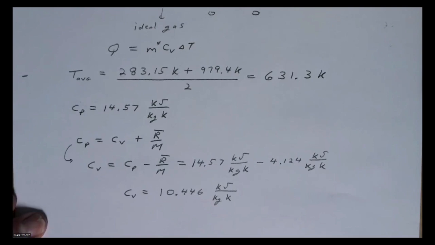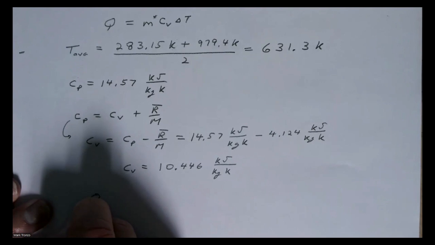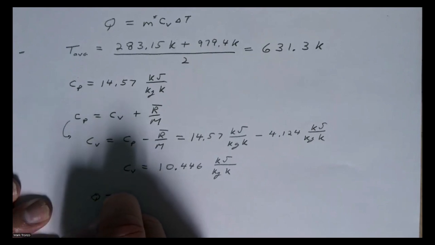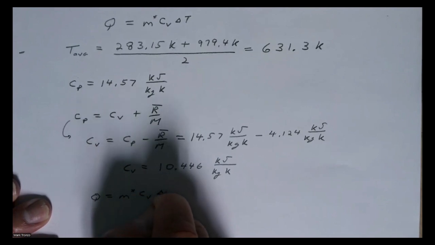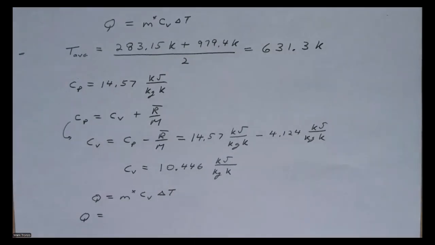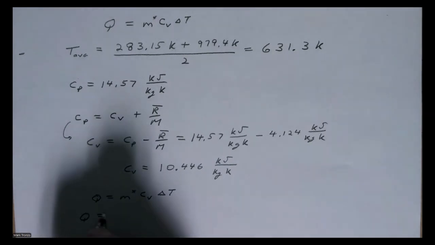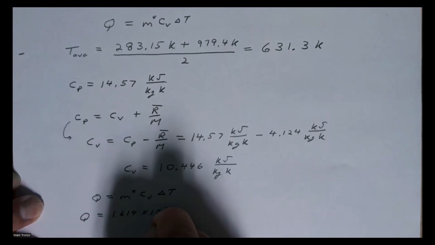So now we have everything we need to go back to this equation up here. And let me actually rewrite that down here. So Q is equal, again, I'm putting M star for the mass. And again, we found that the mass was 1.614 times 10 to the minus 5 kilograms.